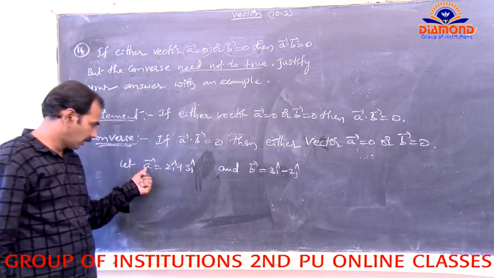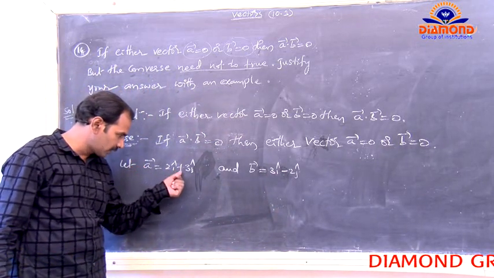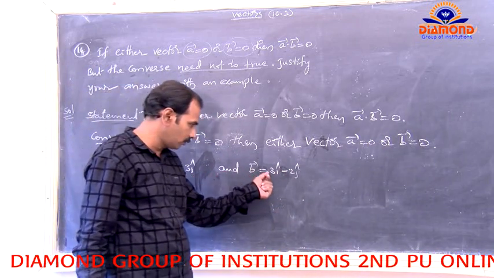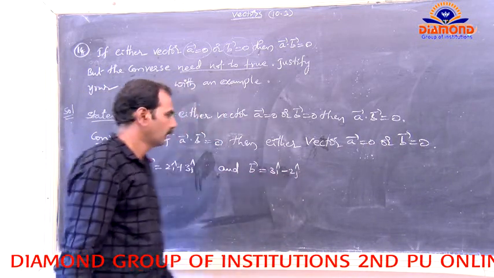So A bar equals 2i cap plus 3j cap and B bar equals 3i cap minus 2j cap.